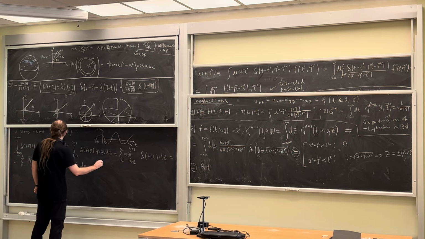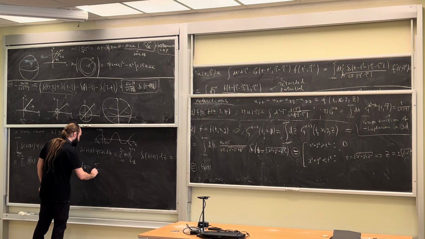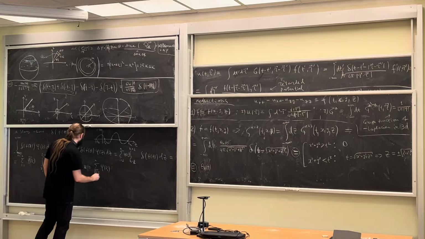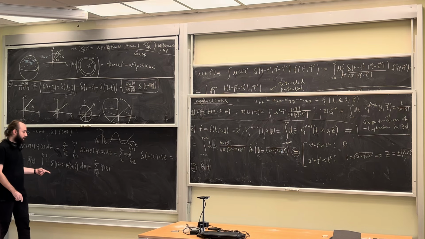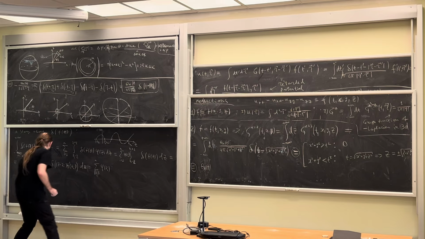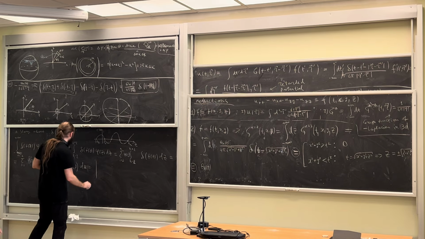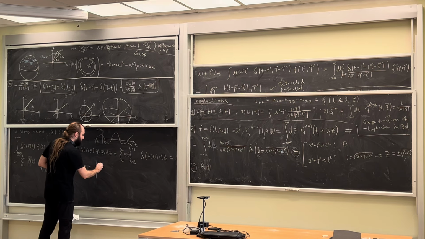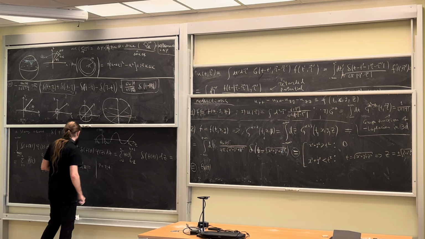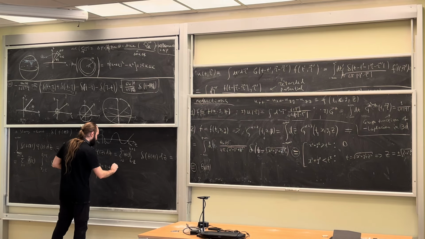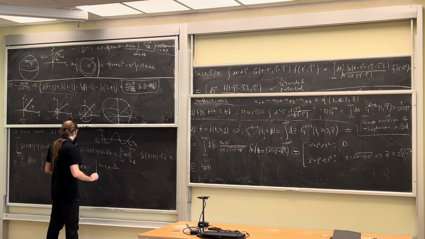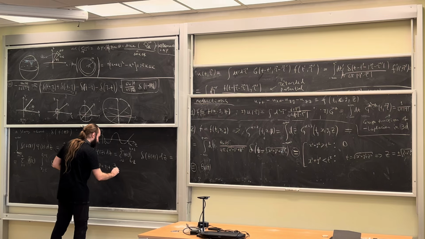Let me write this change of coordinates explicitly. We can write that z is zi plus x over the absolute value of f prime of zi.